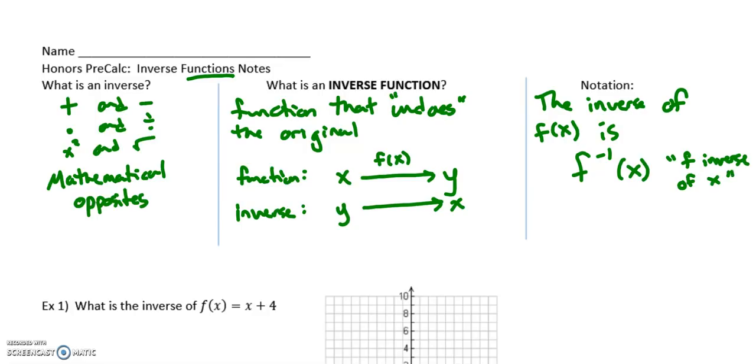One thing to be careful of, I know that at some point we have looked at negative powers, and you might think that that just means that I take it to the bottom of a fraction. That is not what this -1 means. It just means inverse. So don't be confused. It is not a power. It is just a notation meaning inverse. So f inverse of x.